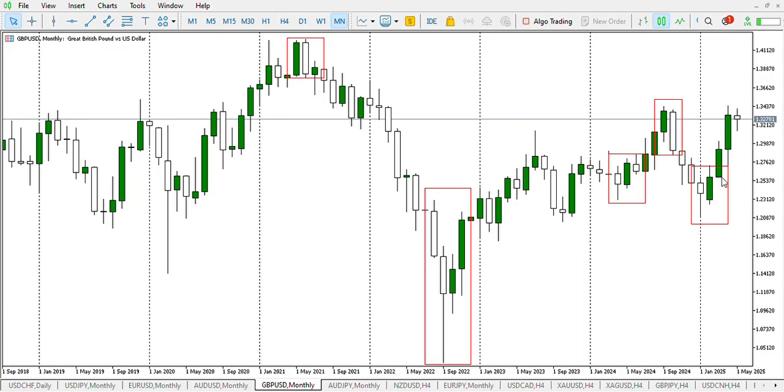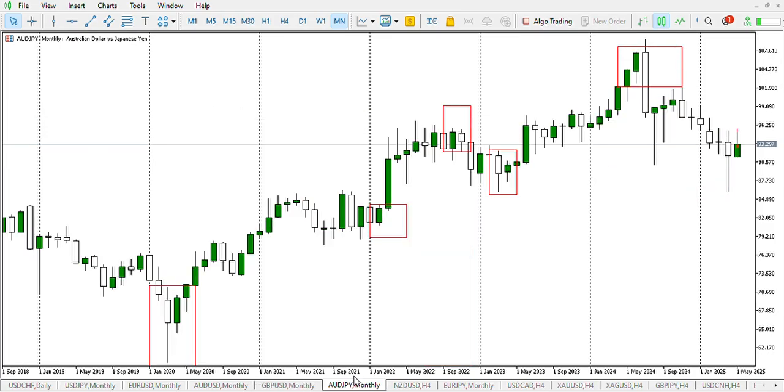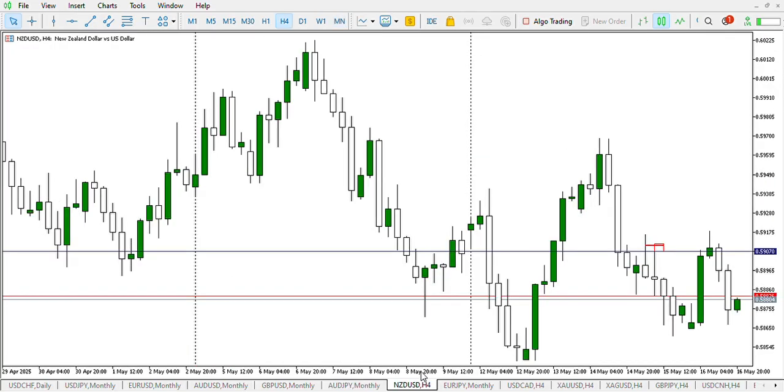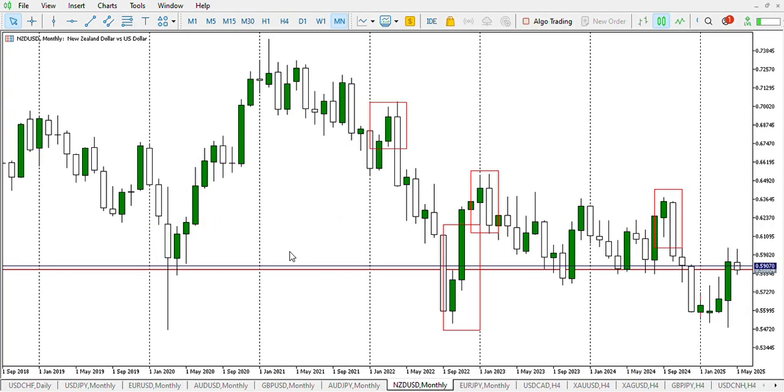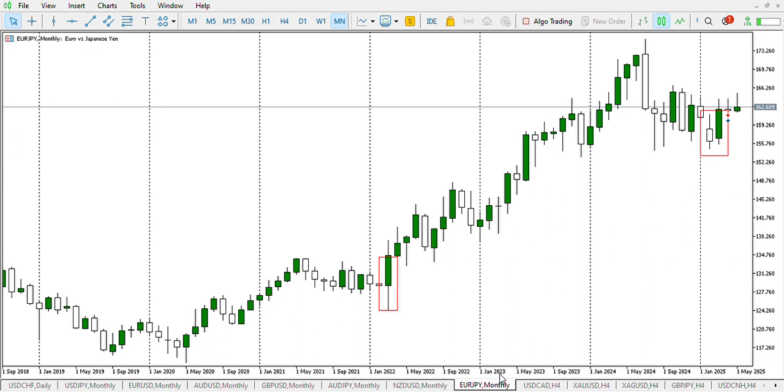On GBP USD, you can see a swing low, which indicates that price is going to be attempting to rally up. On USD JPY, we have a swing low here, which also indicates that USD JPY is going to be trying to buy to the upside. On NZD USD, on the monthly, we do not have a specific swing yet.